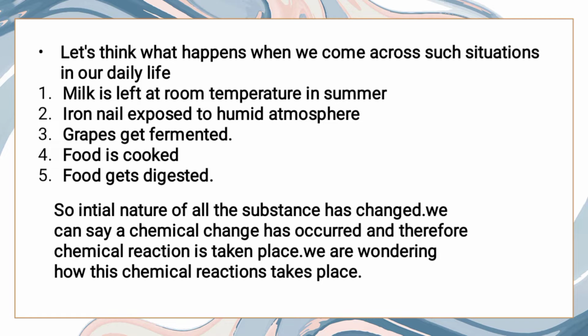So these are all situations of daily life where we see that the initial substances do not remain the same, they get changed. The initial nature of all the substances has changed. We can say a chemical change has occurred, and therefore a chemical reaction has taken place. The milk gets curdled, the iron nail gets rusted, grapes get fermented, rice gets cooked, and food is also digested.